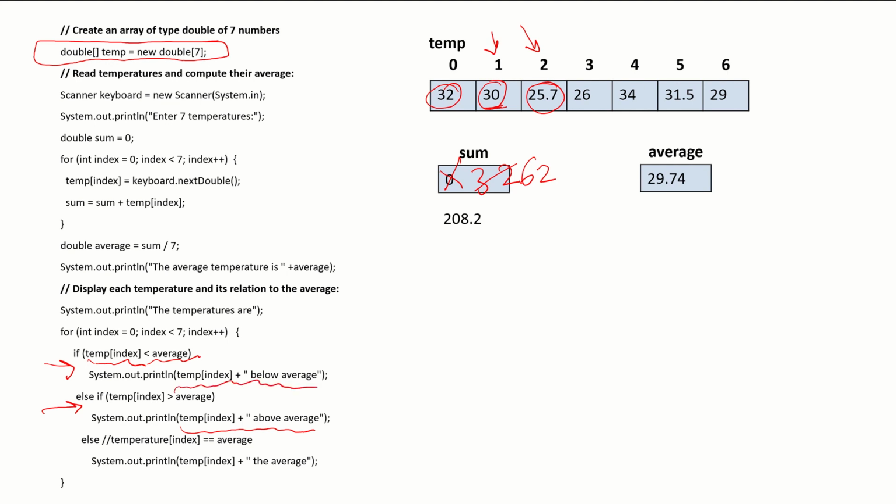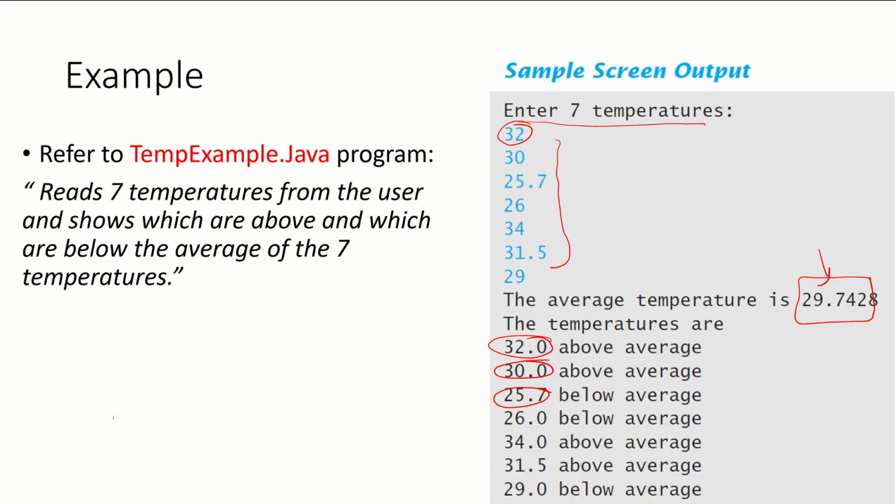And similarly, you will continue in the loop till the end, because we have mentioned that you have to go till 7 and less than 7. That's why you go through each element in the array and output a message. At the end, you will have, for each number, whether it is above or below the average.